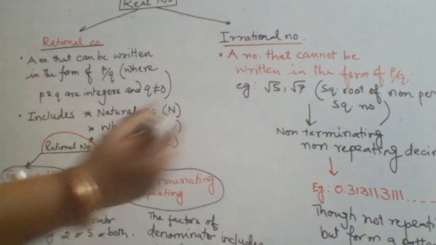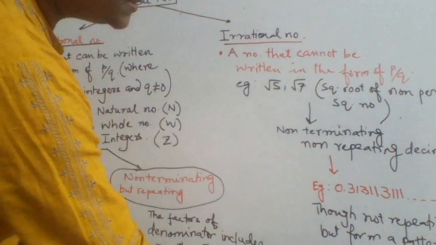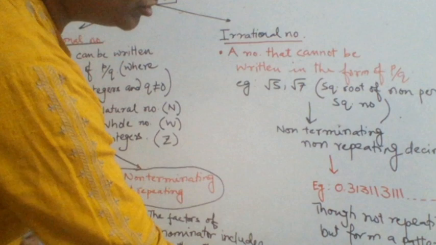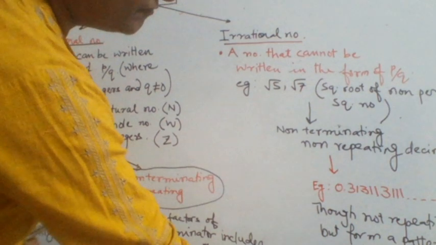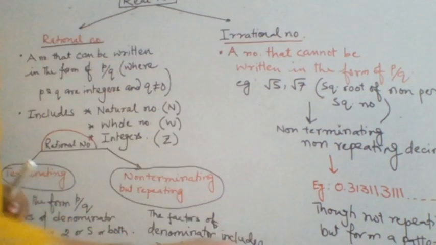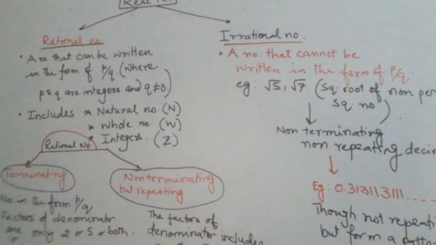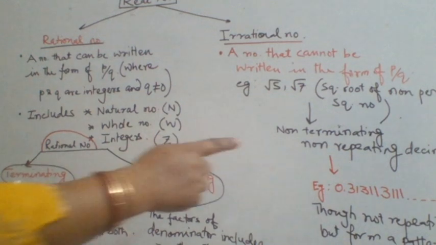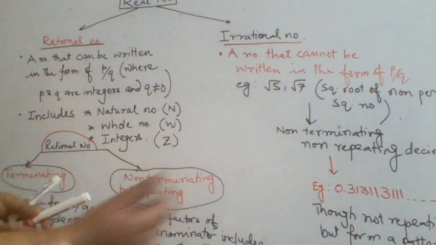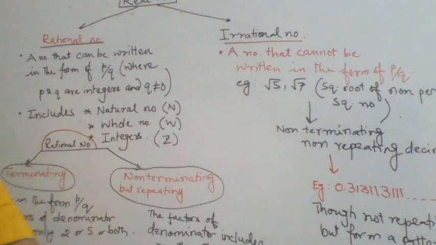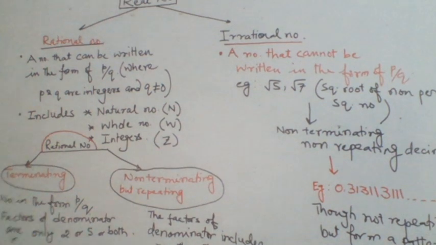Let us talk about some other examples. Say 1.5001, 5001, 50001, like this. So you can see some pattern is there. So this is your irrational number. When you are quoting an example of an irrational number, you need to write this type, showing some pattern is being followed. So this is all about the beginning.